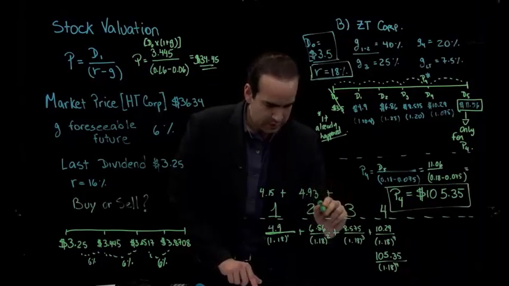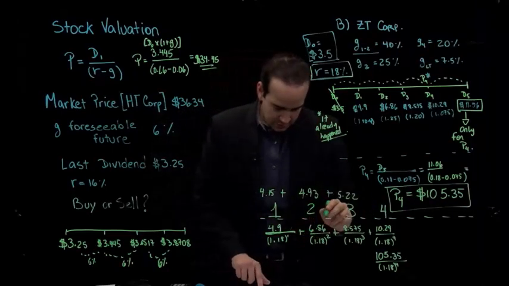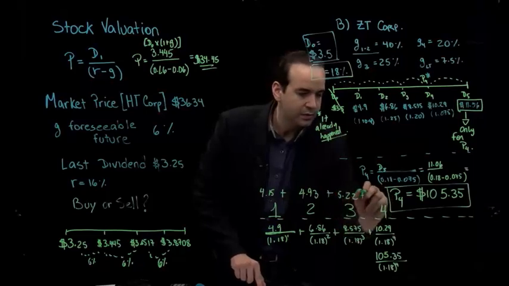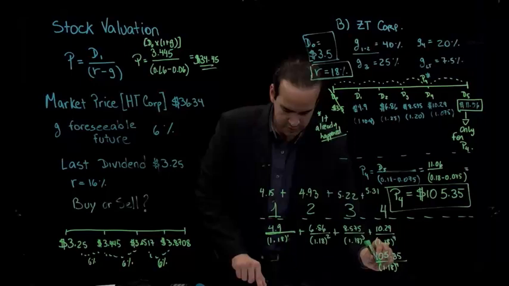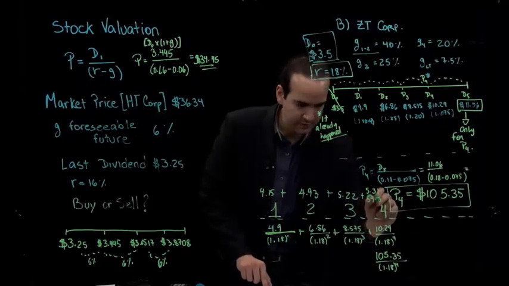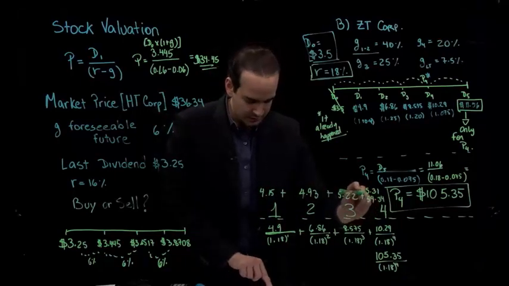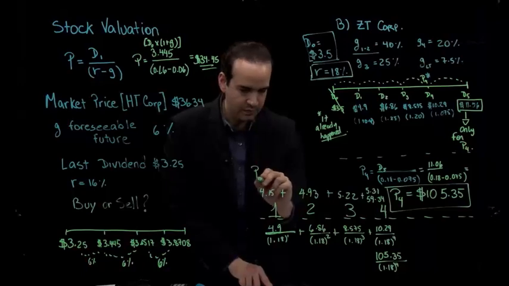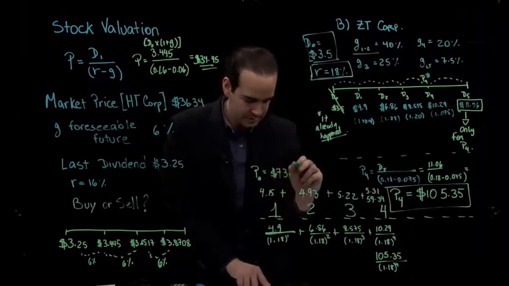Then during the 3rd year is 5.22. And then in the 4th year, you have 2 things. So you have the first thing, which is 5.31. And you have the 105, which you're discounting, and now you're going to get 54.34. So when you add up all these future cash flows, you will get a price 0, which is 73.94.